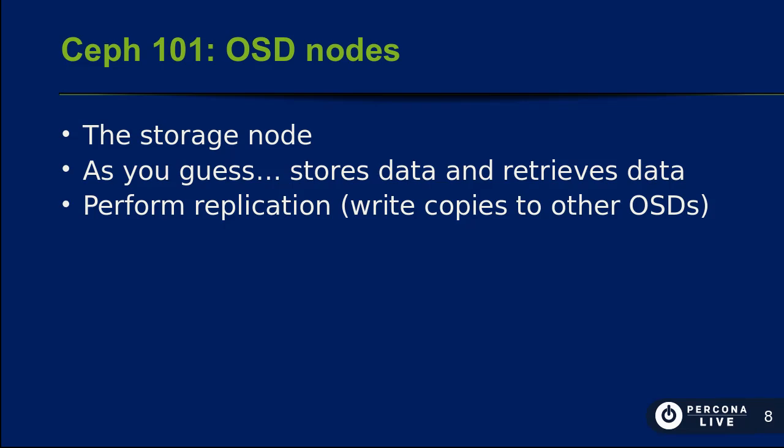There's always one OSD that is master of a shard. It performs atomic operations, which is very interesting. And as long as there's a Ceph journal, as long as the write is not too large and fits within the journal, it's perfectly an atomic operation.